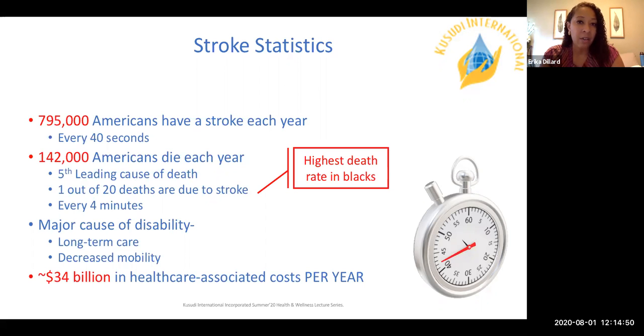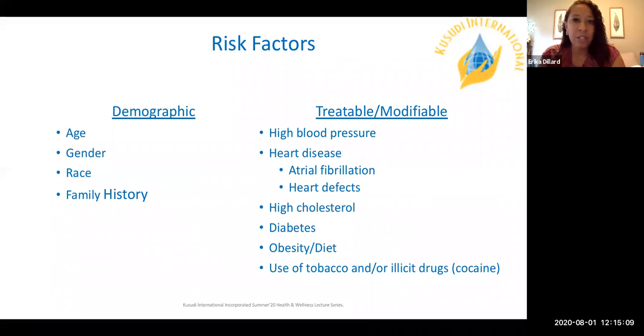And altogether, all of these components really put a burden on the economy in the United States. We typically see about $34 billion in healthcare associated costs each year that goes towards stroke and issues related to stroke. So, risk factors.